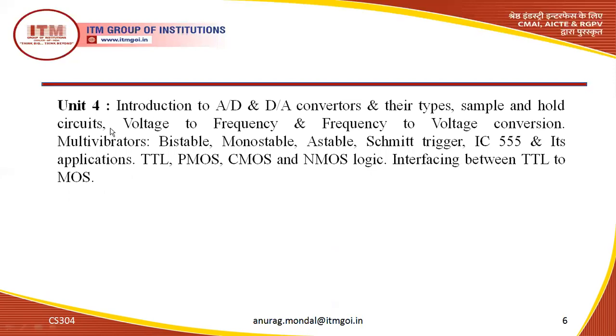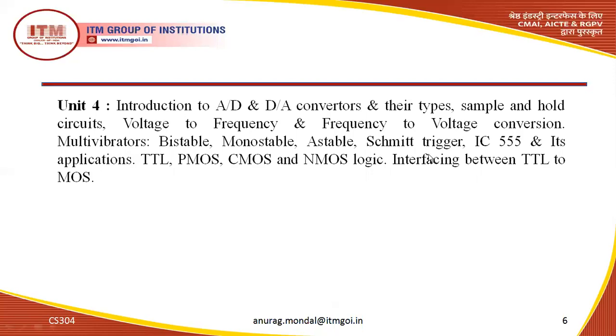Then in unit number 4, we are going to learn about the A to D converter and the D to A converter. What are the A to D and D to A converters? Analog to digital converter and digital to analog converter. Analog means the real-time scenario, real-time signals, and digital means whatever signal resides within the computers.